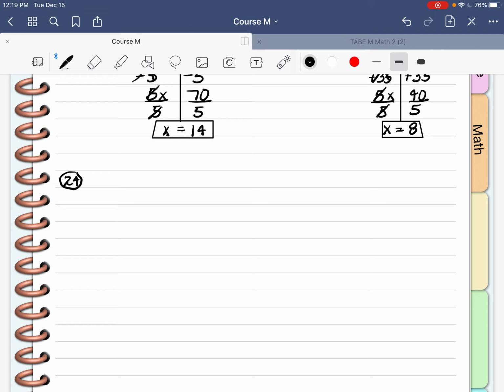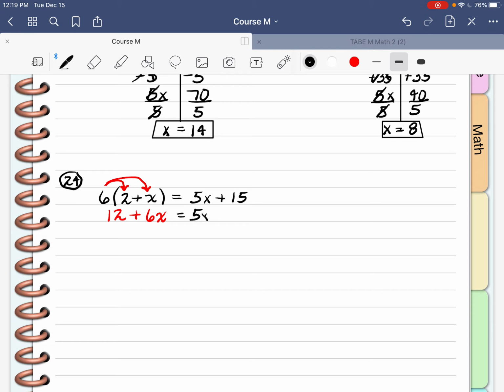Number 24. We have 6, 2 plus x in parentheses equals 5x plus 15. So let's distribute the 6. 6 times 2 is 12. 6 times positive x is positive 6x.